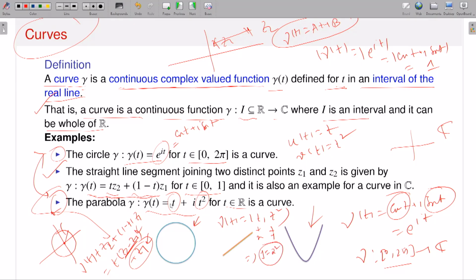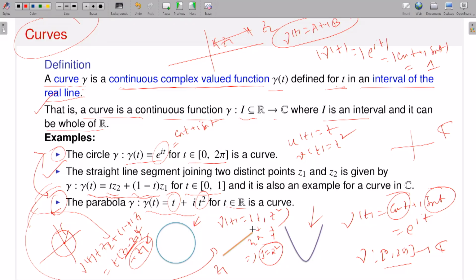Same thing. And the second one is the line segment joining z1 to z2. So these are very simple examples of curves. Sometimes this gamma is called the parameterization of the curve. If I have a curve in the complex plane, then gamma is called the parameterization.